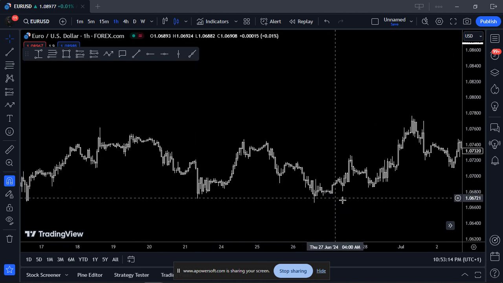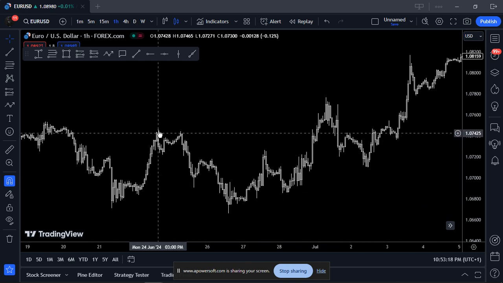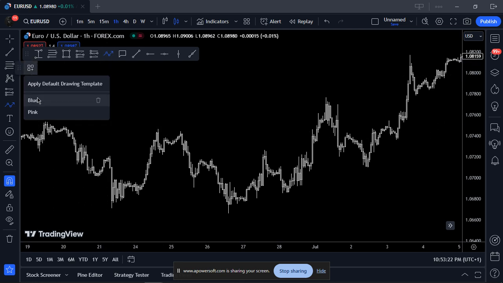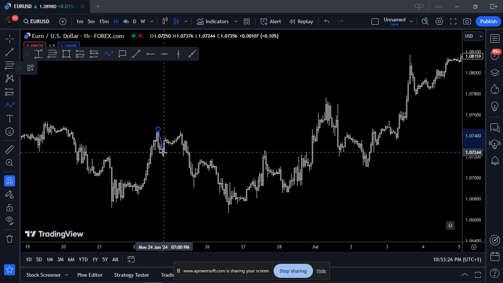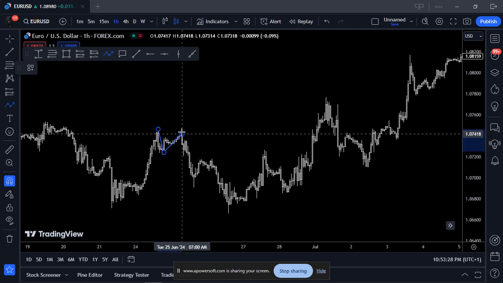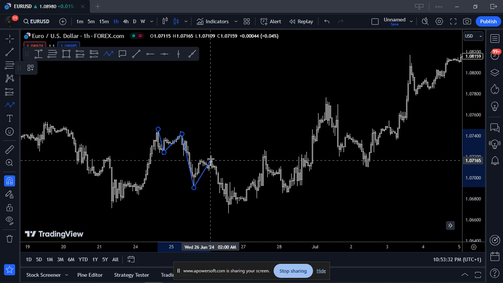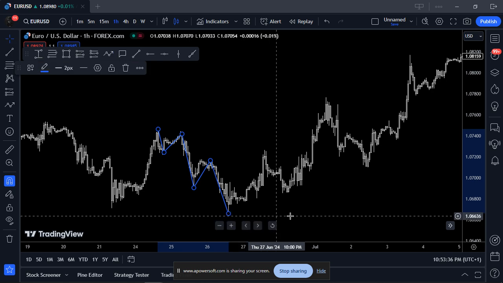This is zero. Let us draw the move here. See, it's a downtrend, lower lows with lower highs. So this is the downtrend.